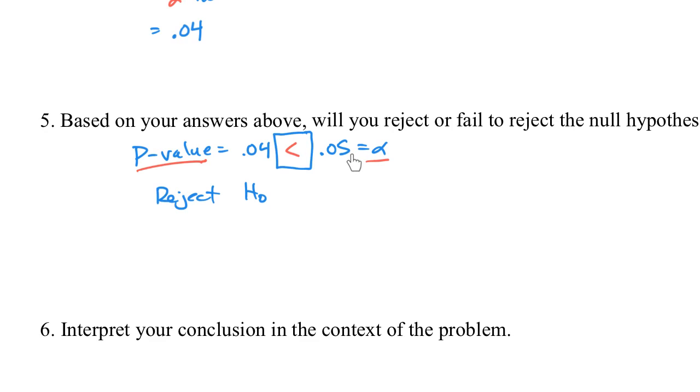Alpha says we're going to take a sample, and if that sample has a 5% chance or less of happening, then we're going to reject the null hypothesis. And that's what happened. It had only a 4% chance. So then we are ready to state the conclusion.